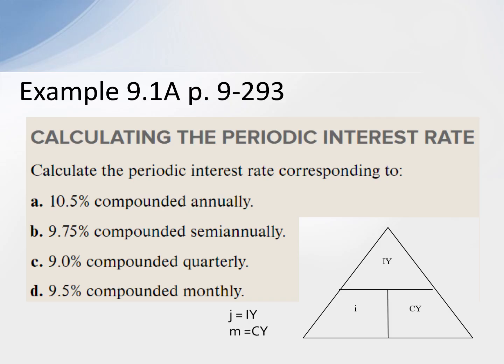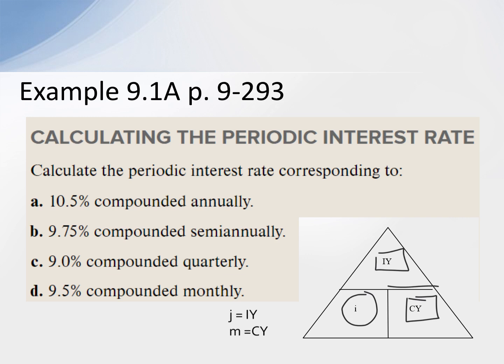Let's look at a few calculations that we might make if we were looking at compound interest. And one of the things is the periodic interest rate, the interest rate per period. And again, we have this triangle to help us navigate through the calculation and using the algebraic formula. So here we're looking at periodic interest rate. Again, it's defined as interest per year divided by compounds per year, or compounding frequency.